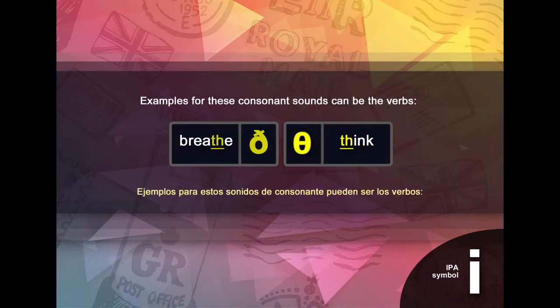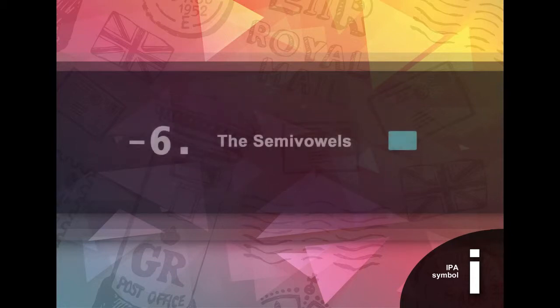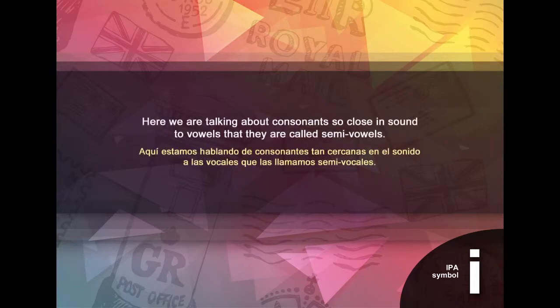Examples for these consonant sounds can be the verbs breathe and think. Here we're talking about consonants so close in sound to vowels that they are called semivowels.